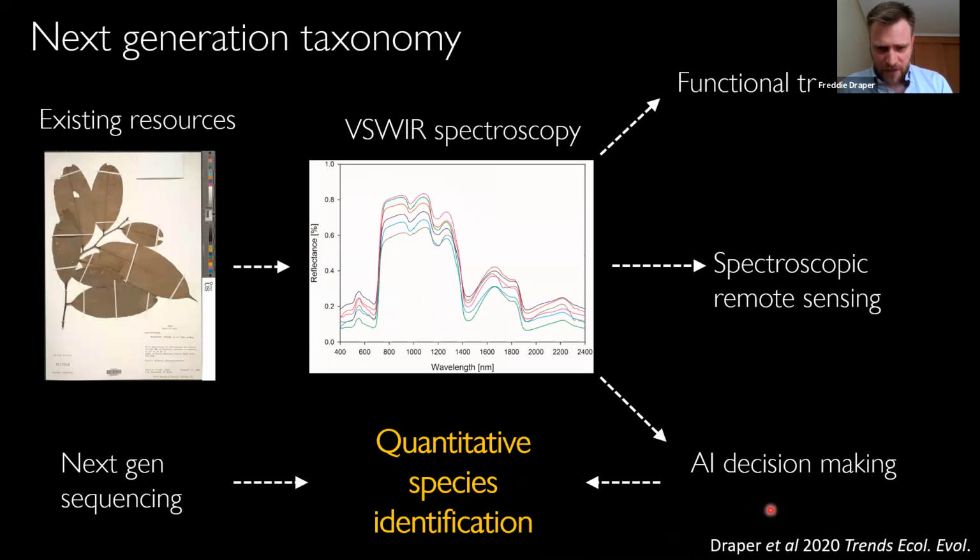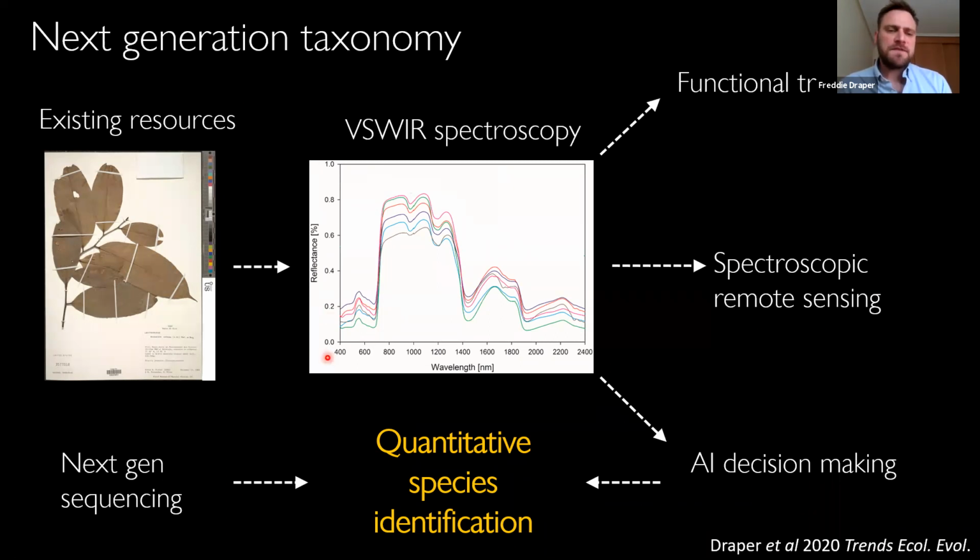So I recently led a review that addressed these issues of how we deal with identifying species in tropical forests, especially when we don't have fruit or flowers to identify them. About 10 years ago, people would have suggested that this would be revolutionized by DNA barcoding.